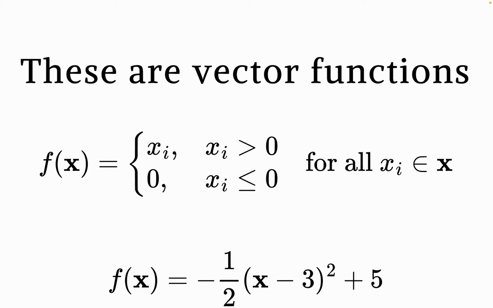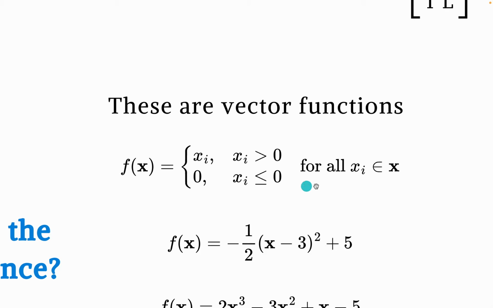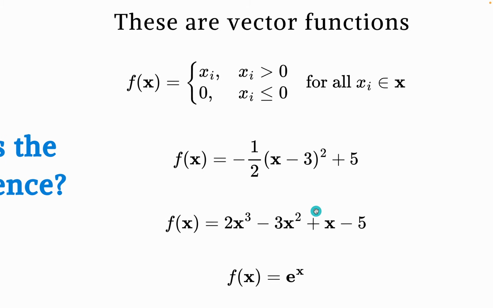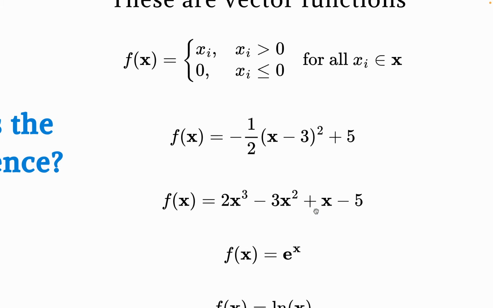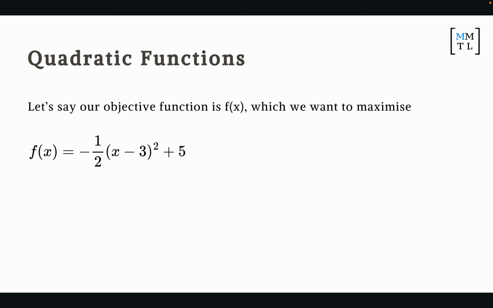So for example, if a vector has 1, 2, 3, 4, it will just give 1, 2, 3, 4 back, right? But if it's 1, 2, negative 3, 4, it will return 1, 2, 0, 4. So it just checks that every value is positive before it gives you the vector back. Same with all this. So notice how this takes a vector as an input, and then it gives you a vector back, right?